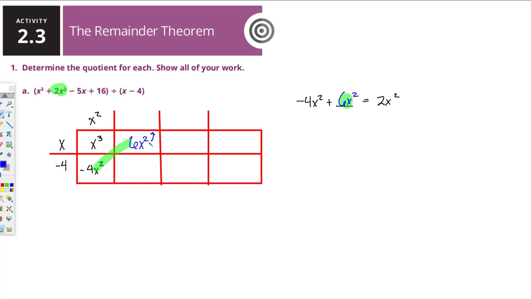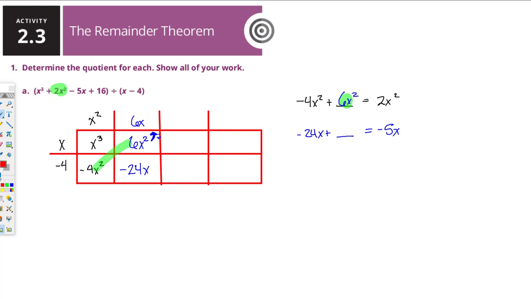How do I find the number up? We divide to go up. Then we multiply coming down. So negative 24x plus something has got to equal negative 5x.